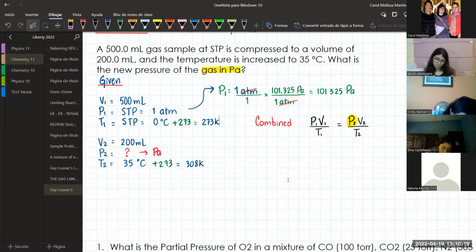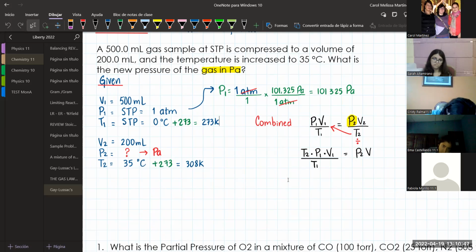Anyway, T2 is dividing, so it's going to go to the other side to multiply. So you will have T2 times pressure 1 times volume 1, divided by temperature 1 equals pressure 2, volume 2.